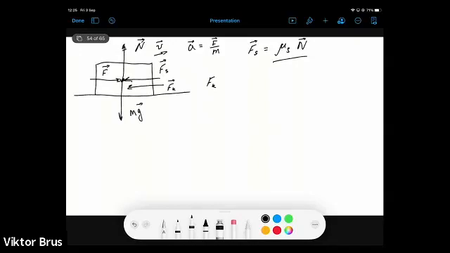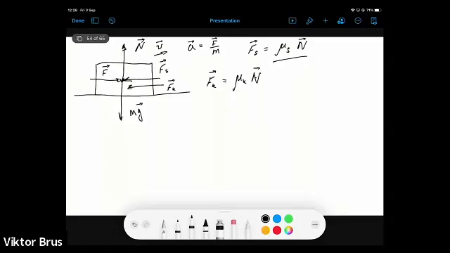This kinetic friction is defined as the product of the kinetic friction coefficient mu k times N. What is important to underline here is that for both static friction and kinetic friction, the area of the contact surface doesn't have an impact on these forces.